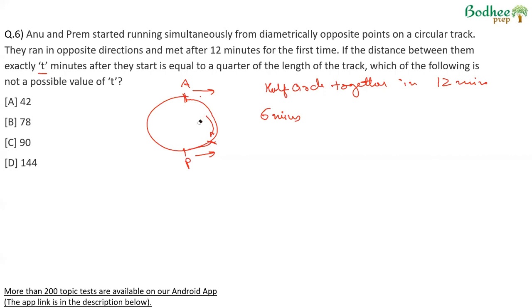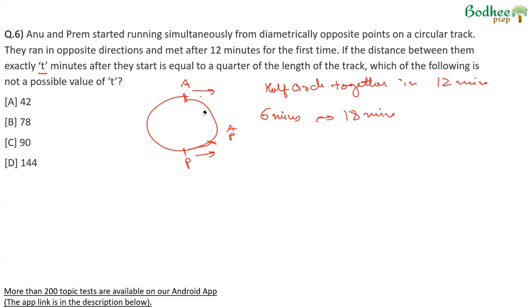Suppose they meet here at some point, to create a distance of a quarter of the track, they will require another 6 minutes. So the next time this happens will be 6 minutes after 12, which is 18 minutes.